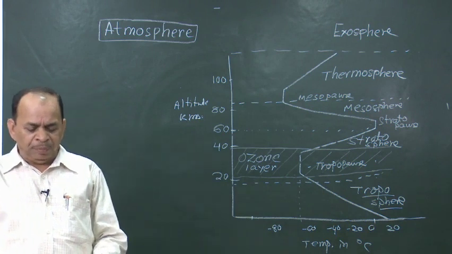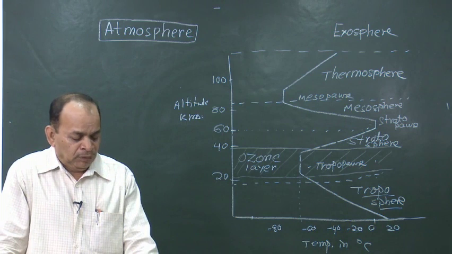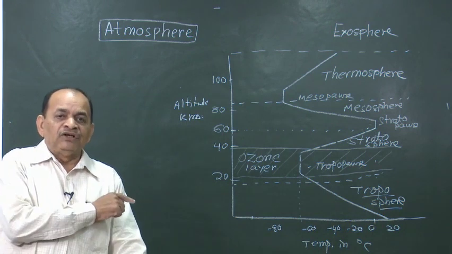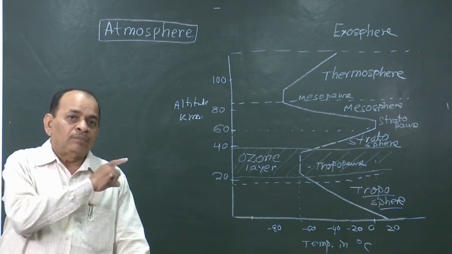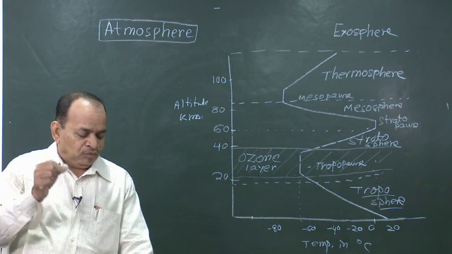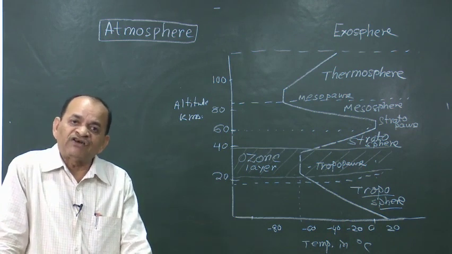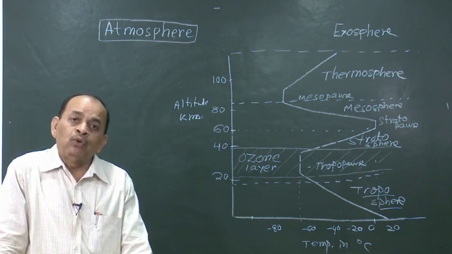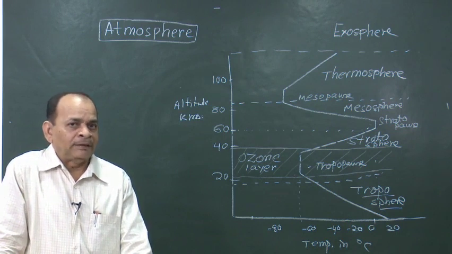The stratosphere is characterized by extremely low moisture, but in the troposphere, as I have already told you, there is 90% of the total moisture. Here a very small amount of moisture is present, and there is the presence of the ozone layer.